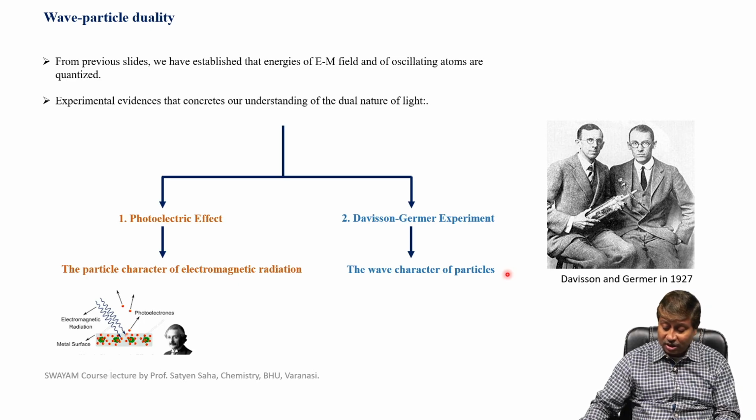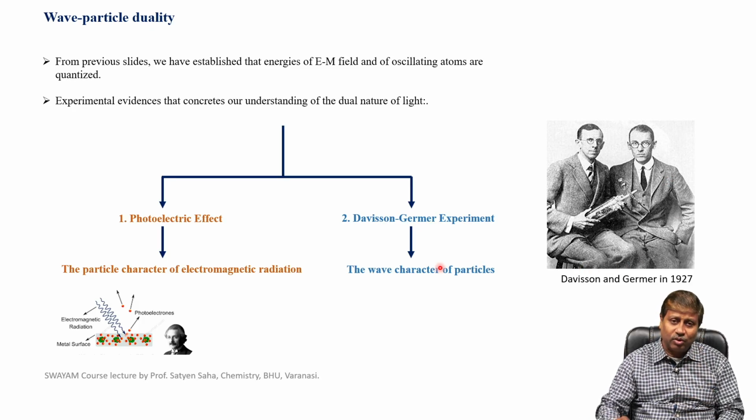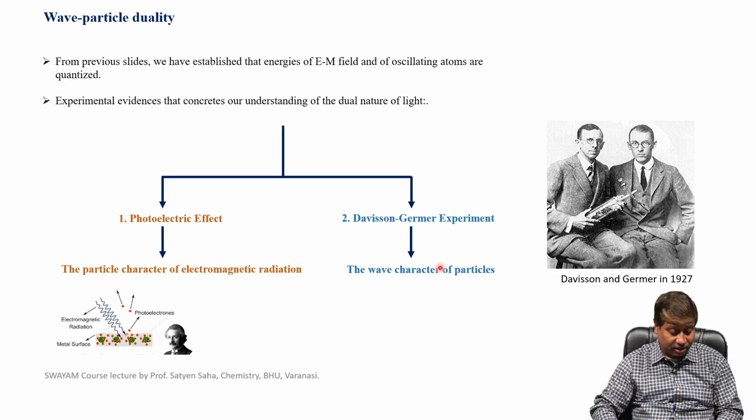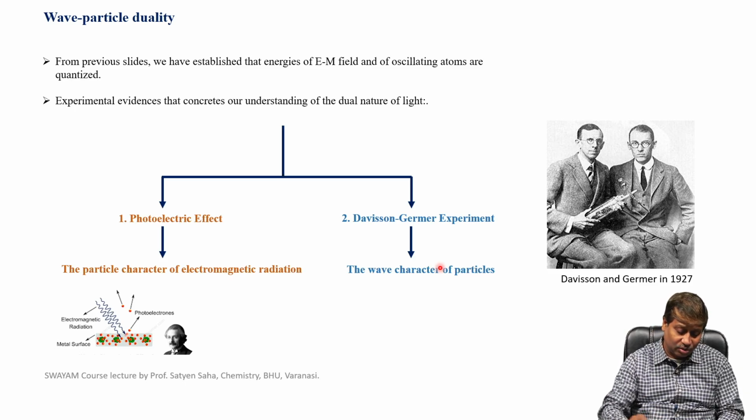This was in 1927, by the two scientists Davisson and Germer. Actually, their work was a kind of serendipity. They suddenly saw this because the metal surface they were using changed because of heat. You can study their details; I will not be talking about them.